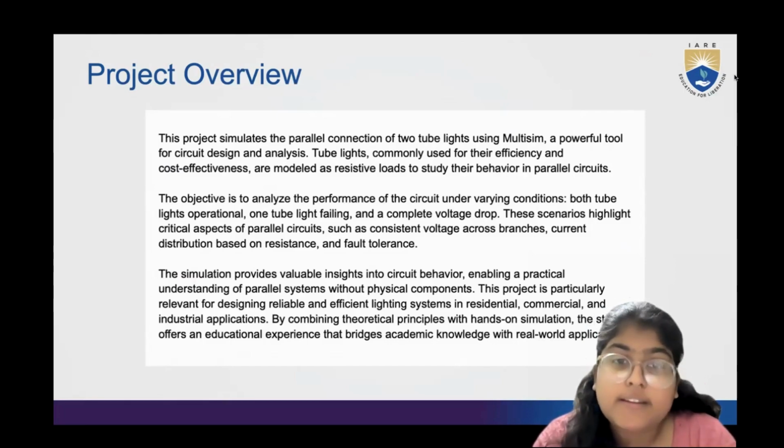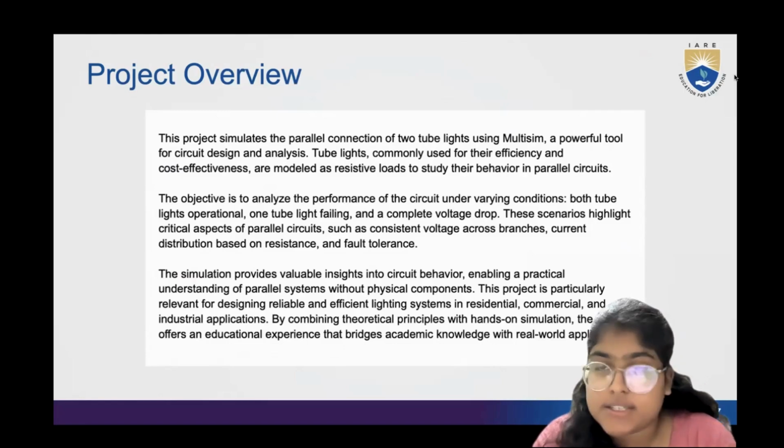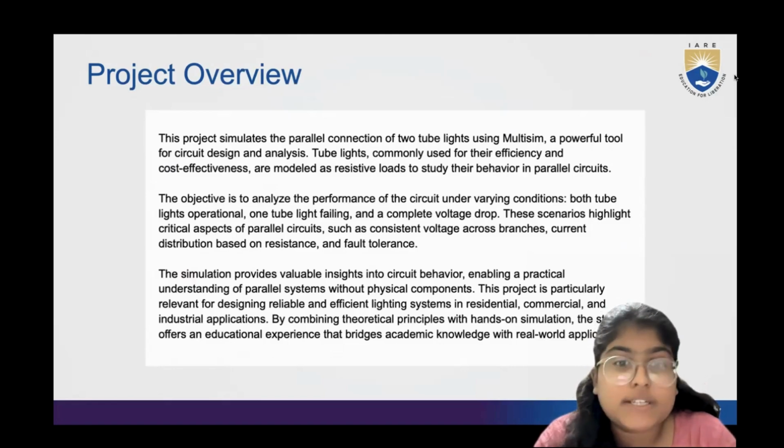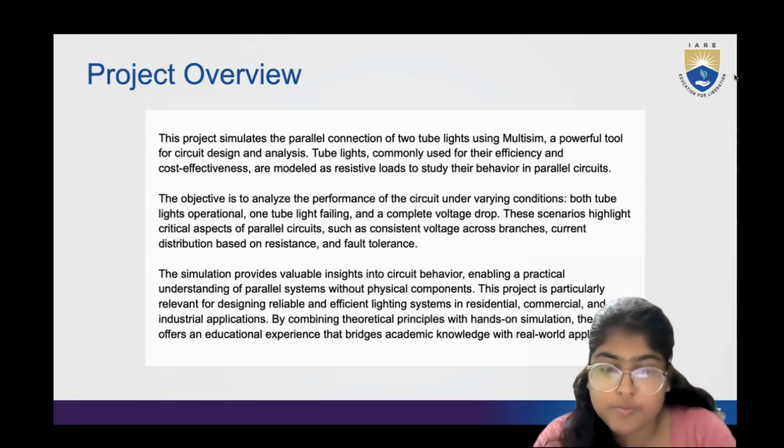These scenarios highlight critical aspects of parallel circuits, such as consistent voltage across branches, current distribution based on resistance, and fault tolerance. The simulation provides valuable insights into circuit behavior, enabling a practical understanding of parallel systems without physical components. I'd also like to mention the version of Multisim used here is NI Multisim 14.0.